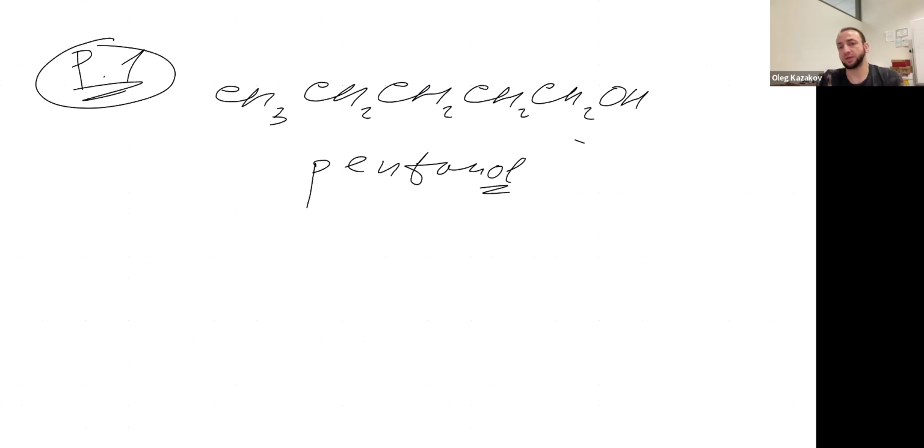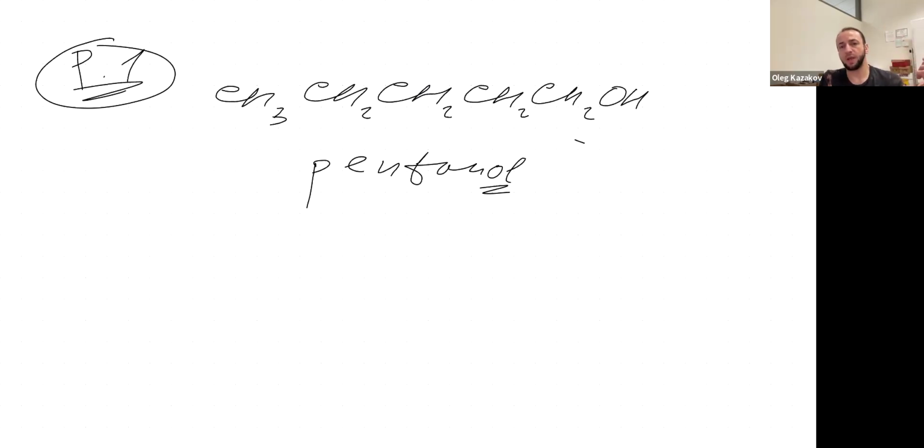As one of your peers mentioned previously, the OH group will have to have the minimal number. So if we start naming from here, 1, 2, 3, 4, 5, then the 5th carbon will have the OH. That's going to be too high of a number potentially for the OH group position.